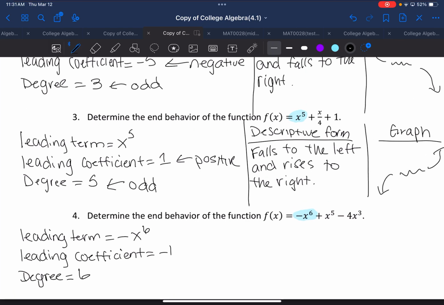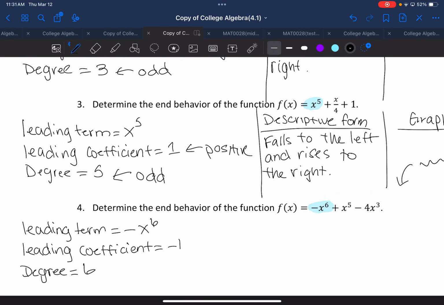I can't really go up anymore. So the degree is even. When the degree is even, I know that they'll be pointing in the same direction. And the leading coefficient is negative, so they will both be pointing down.